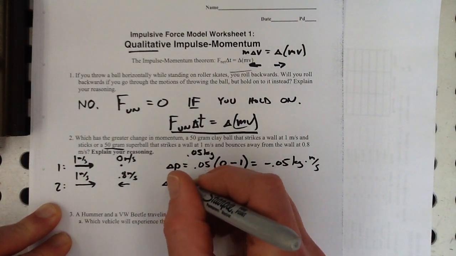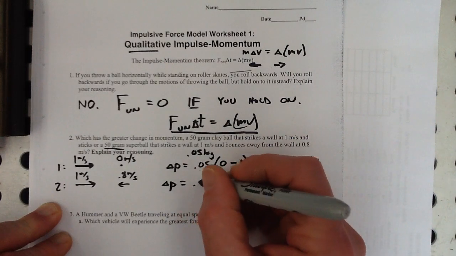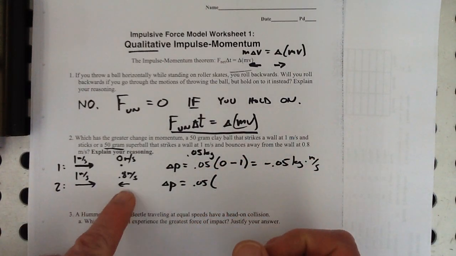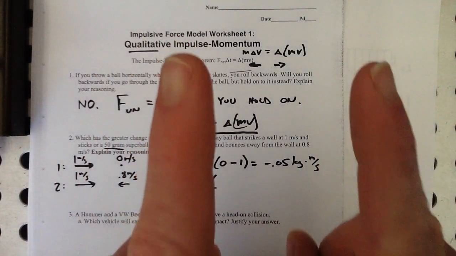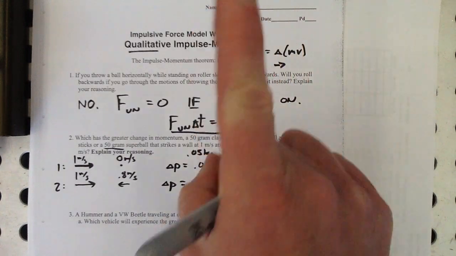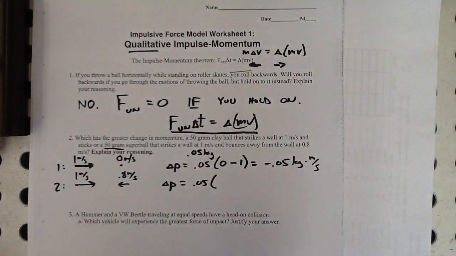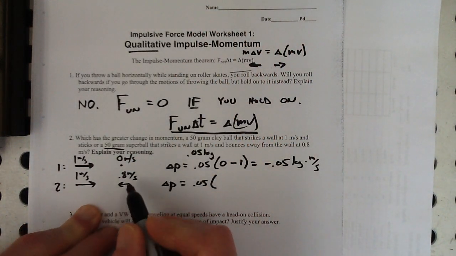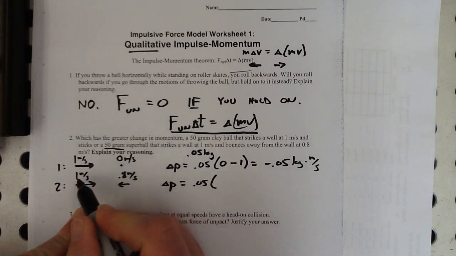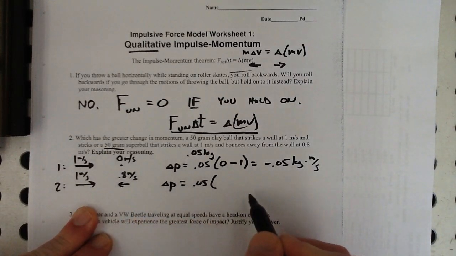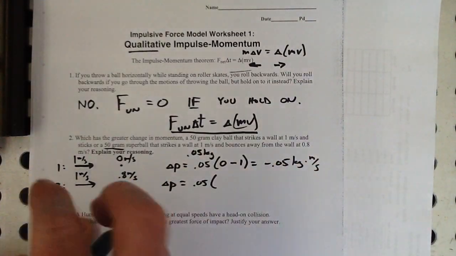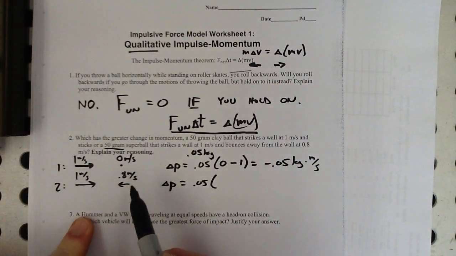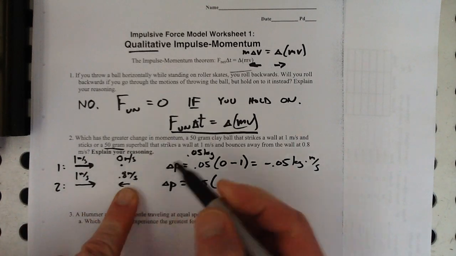And then this one, 0.05 times the final velocity of this one's 0.8, but I'll tell you right now, the number one mistake that physics students make here is forgetting to pay attention to the directions of these and the signs of them. So here, if this is the positive direction going to the right, then this is negative.